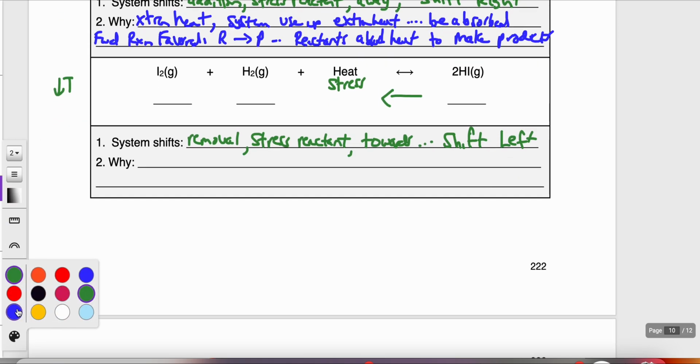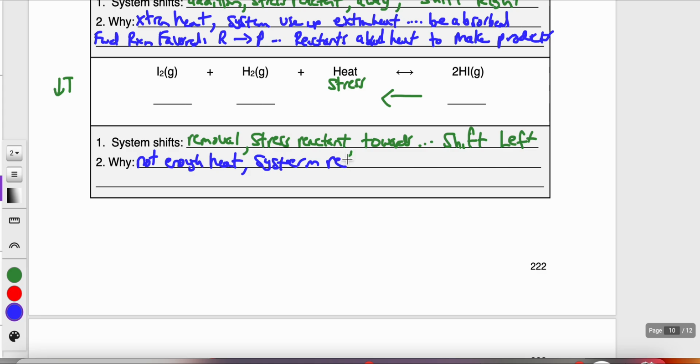So now in this scenario, there's not enough heat. So the system has to replace the missing or removed heat. And the way that the system replaces the heat is it needs an exothermic process.